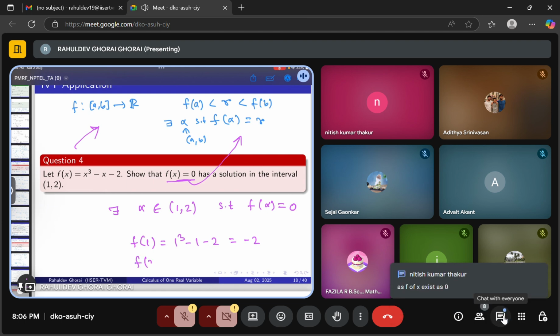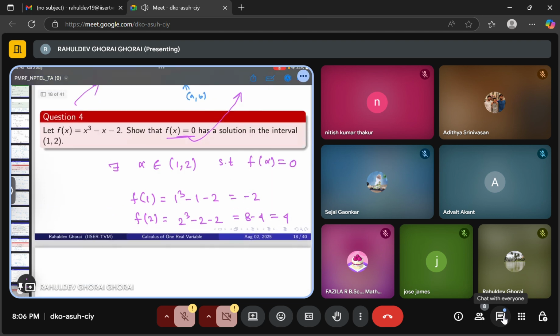What is f(2)? 2 cube minus 2 minus 2, 8 minus 4, which is equal to 4. What can you see from here? f(1) is less than 0, less than f(2), is it not? Because f(1) is minus 2 and f(2) is 4.